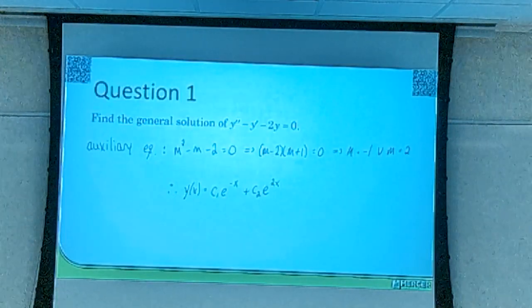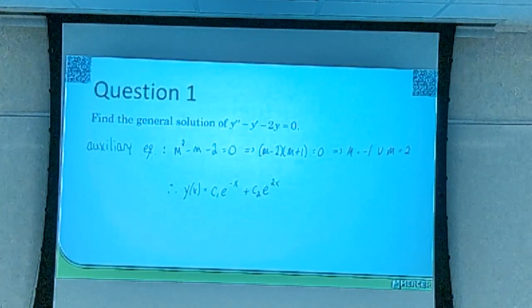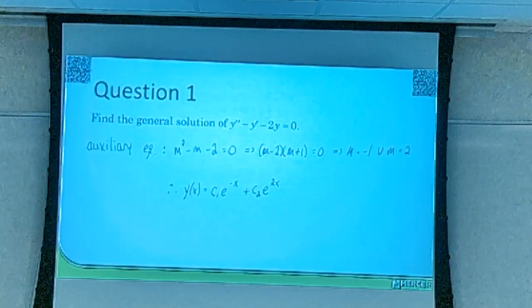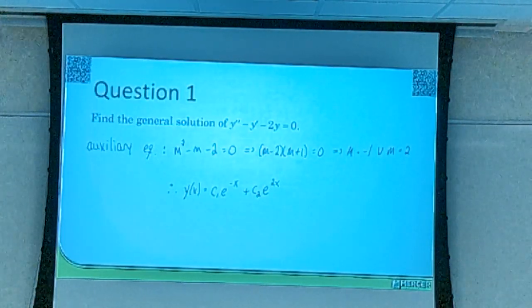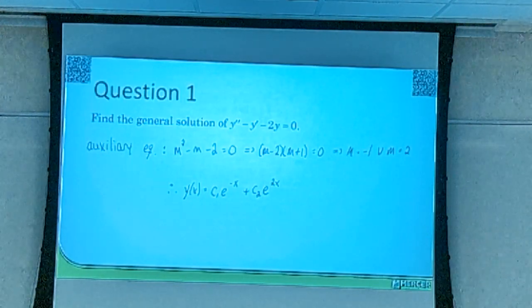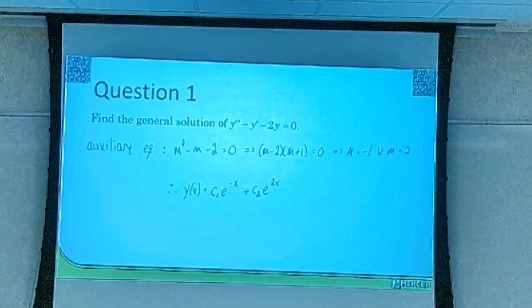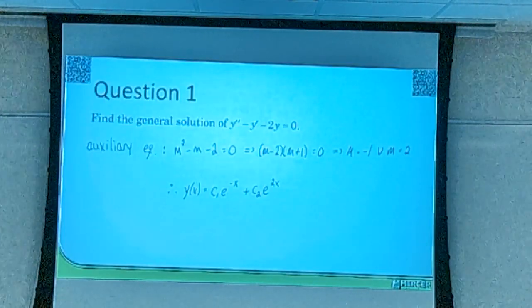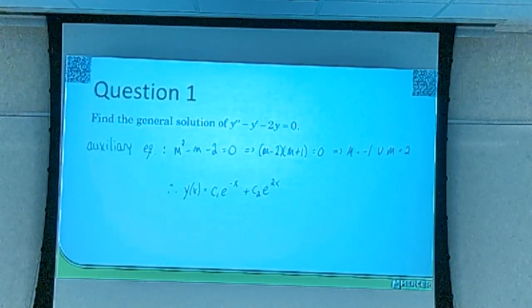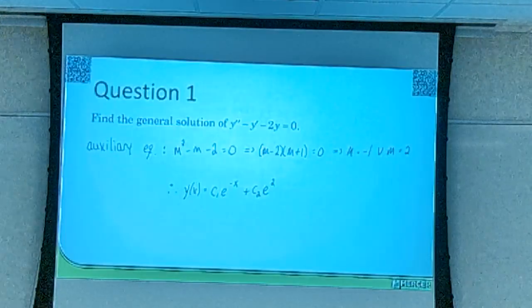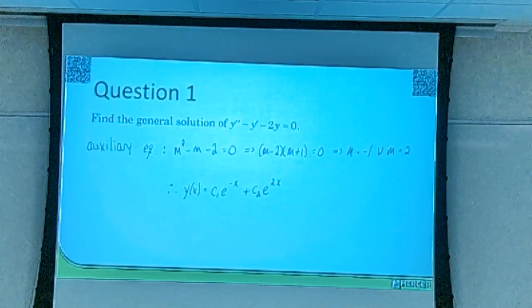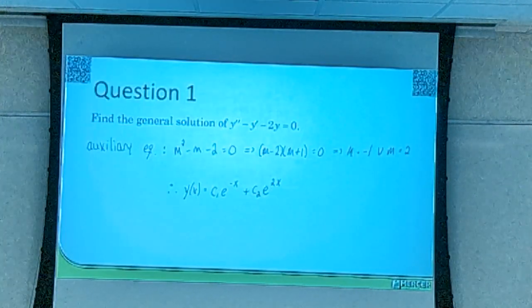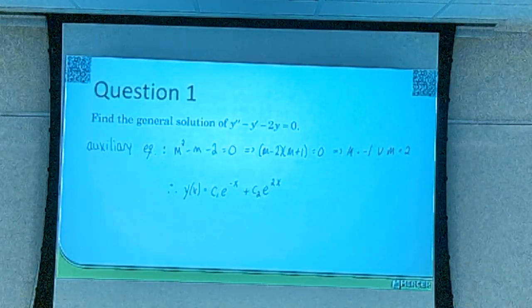There's your solution: C1 e to the negative x plus C2 e to the 2x. And obviously then if you had initial conditions, you could find your C1 and C2.